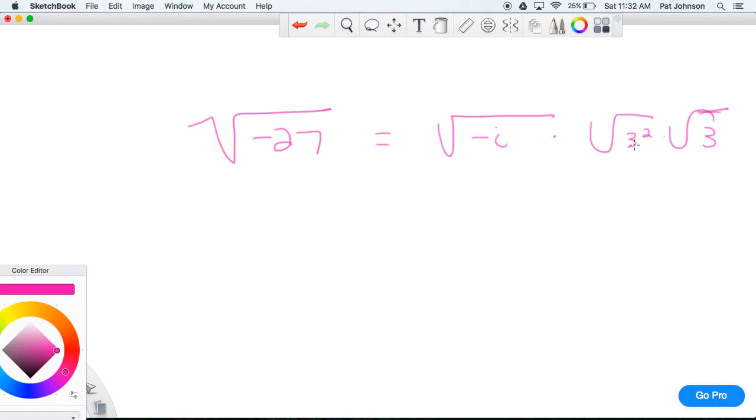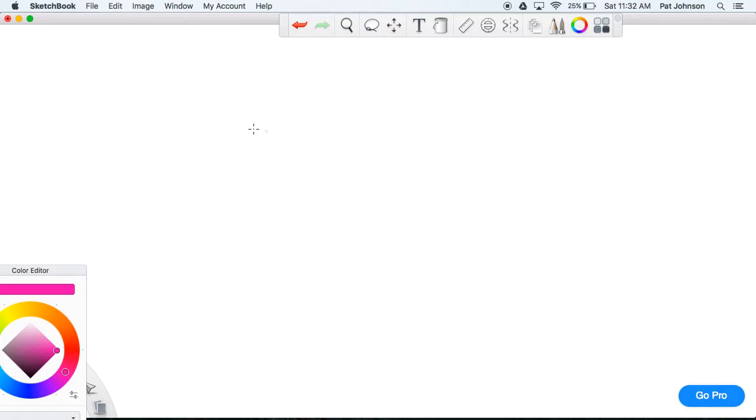Because 3 squared is 9, times 3 is 27, and times negative 1 results in negative 27. The square root of negative 1 is i, and the square root of 3 squared is 3, but I'm left with the square root of 3 because that's not a perfect square. So it's simply going to be 3i square root of 3.